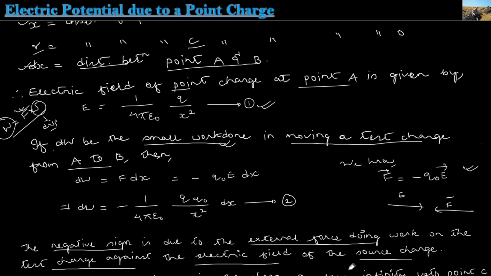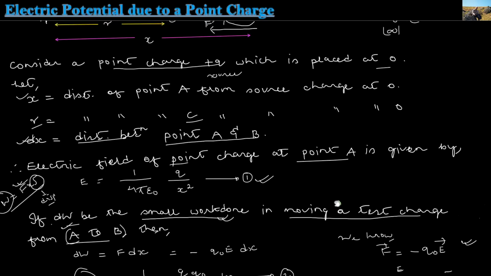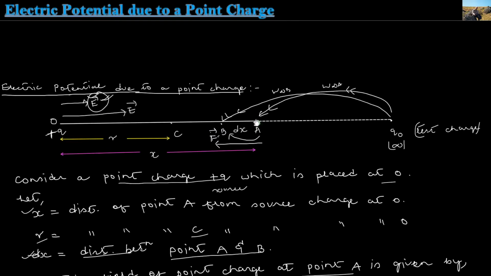This dW is only the small amount of work done in moving the charge from E up to B. Say you want to move the charge from A up to point C; you have to integrate the equation.